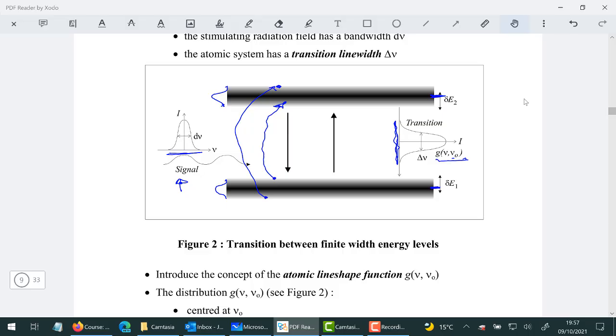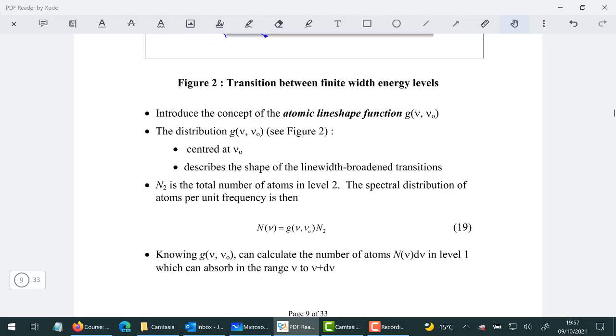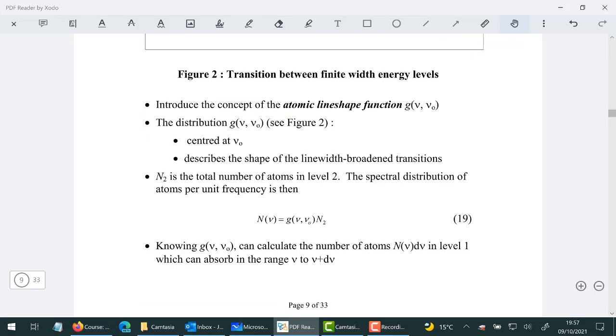So the transition line shape function tells us just what shape does that curve have? Is it a Gaussian shape or something like that? So our atomic line shape function g, a function of frequency and the center frequency, is just a mathematical description of the function of that shape. So what kind of curve is it, basically?